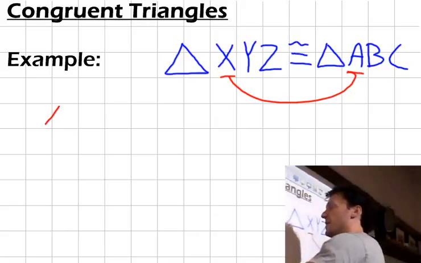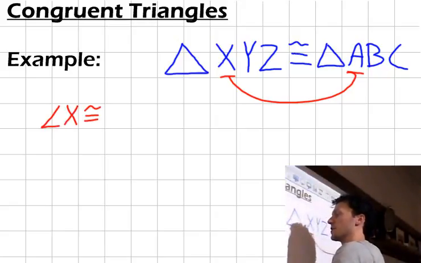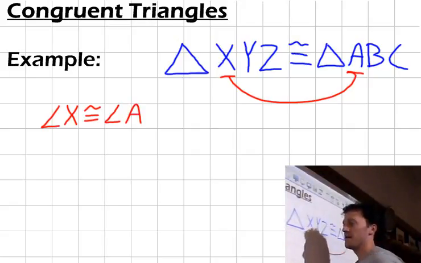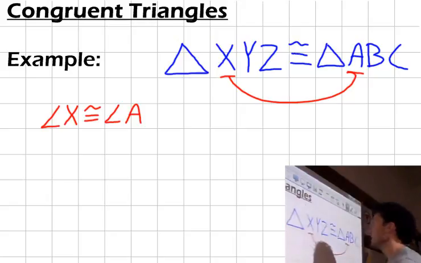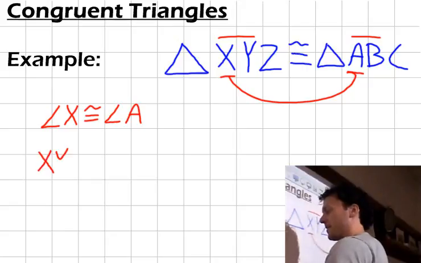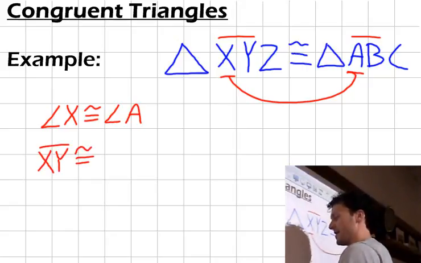So I know that their angles are the same too. I know that angle X is congruent to angle A. And I know that side XY is congruent to side AB.